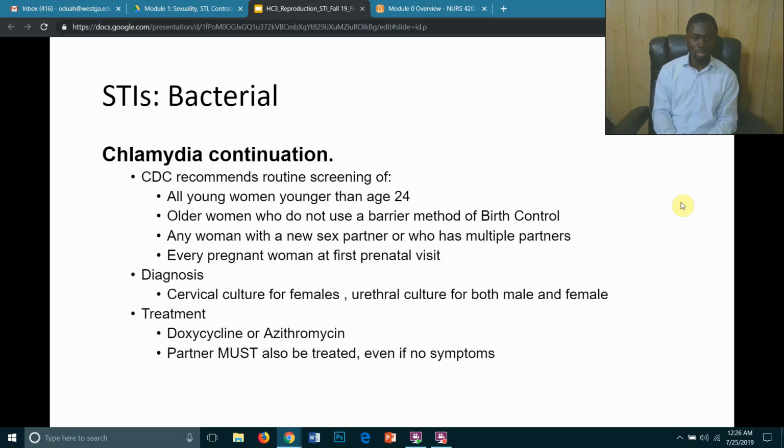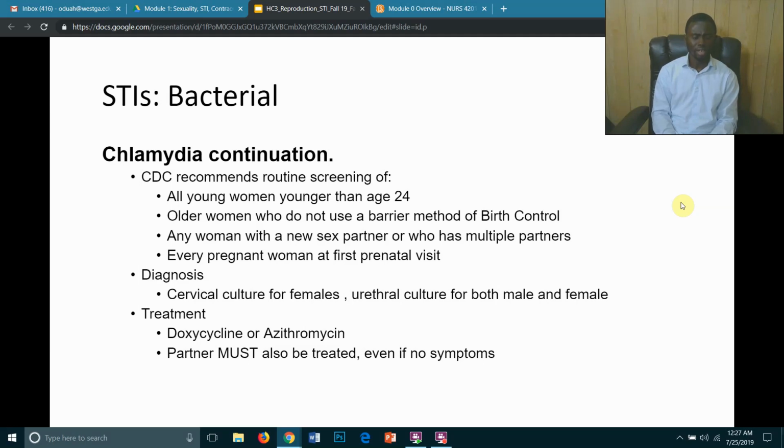Older women who do not use a barrier method of birth control also have to undergo routine screening. And any woman with a new sex partner or who has multiple partners has to also be screened for chlamydia. And every pregnant woman at the first prenatal visit, as I mentioned, should be screened for chlamydia.